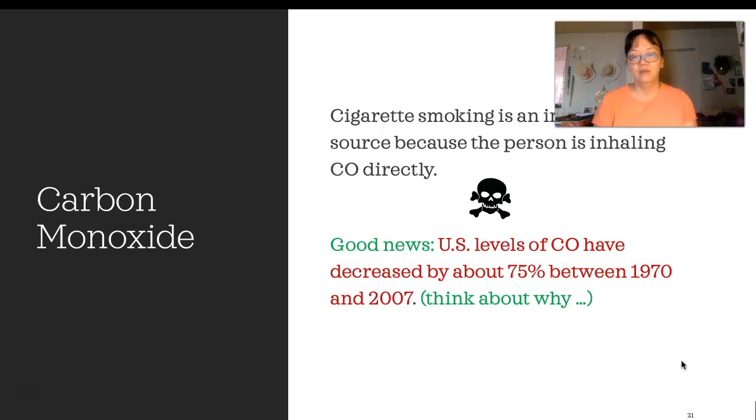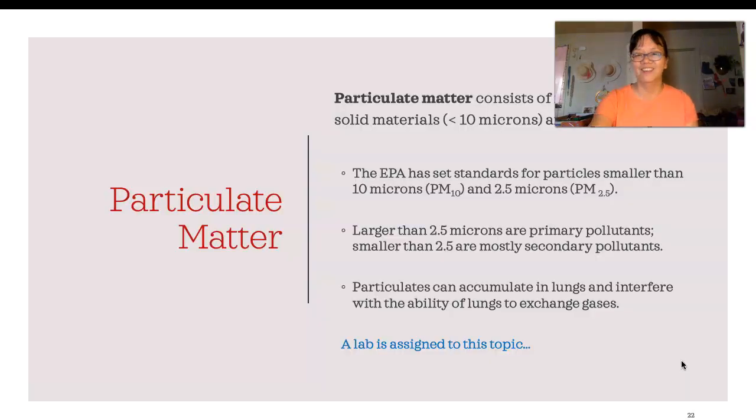The good news currently is that in this country, the level of this gas has decreased by about 75% between the 1970s and recently. Recently, it's only like 10 years ago, right? But still, that's a lot of drop. Why? I want you to think about why the air quality improved so much, because I have a great story to tell later on.